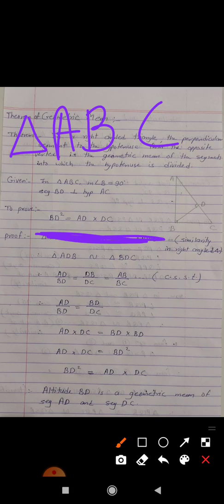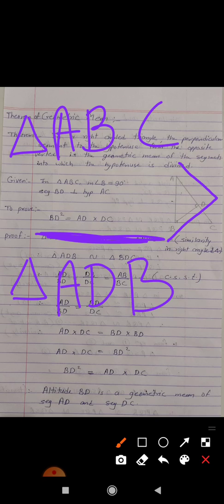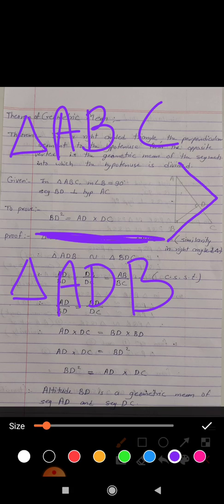Always write 90 degree at the middle position. Then I just gave you one trick. Start from point A, D, B. So the name of the second triangle is triangle ADB. You can see here 90 degree. These two angles are 90 degree and angle A is the common angle.